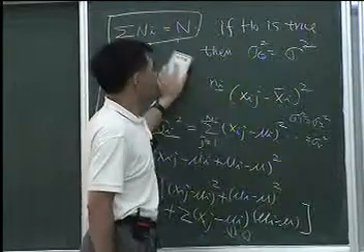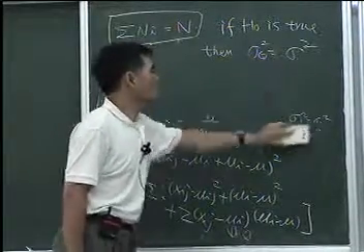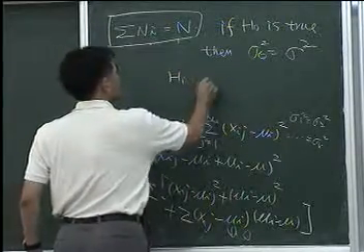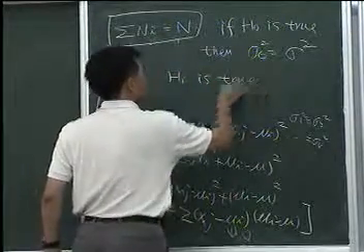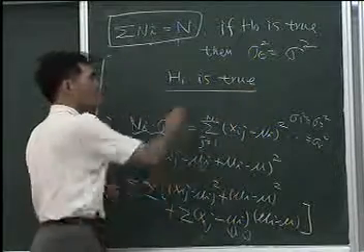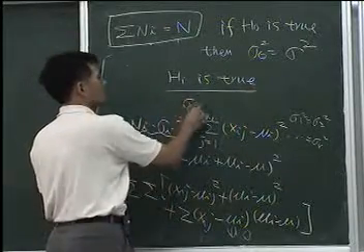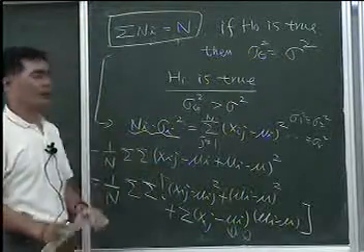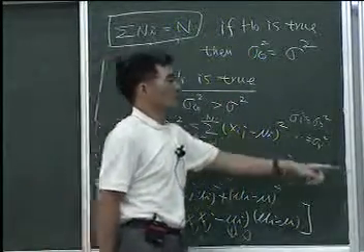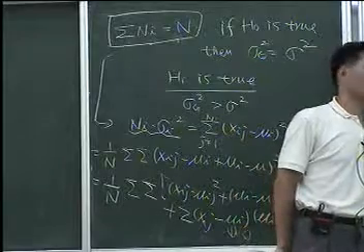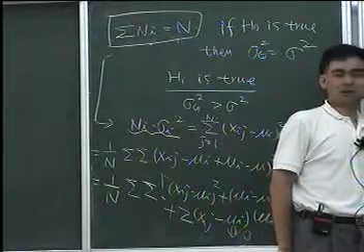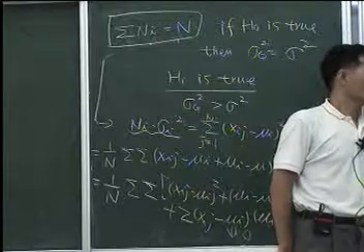Then the second part. What is the second part? If H1 is true, then what do you know? If H1 is true, then sigma g squared must be greater than sigma squared, because if these two things are not equal to each other, and this is squared, it must be positive.